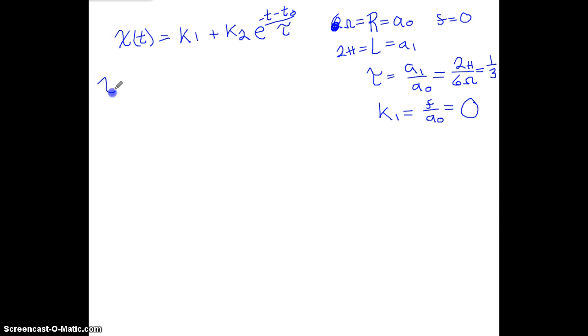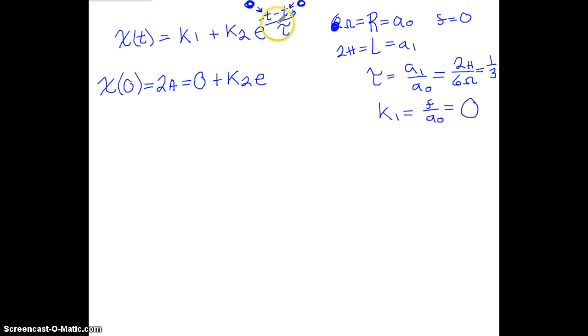So we can say that x0 here was equal to 2 amps, and that's when we're going to replace our t right here with 0, because that's the time, and our very initial time was also 0, because we started at 0 as well. So we have K1, which is 0, plus K2 e to the (0 minus 0) over tau.